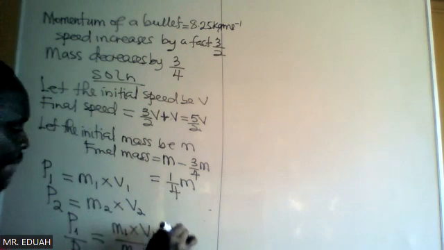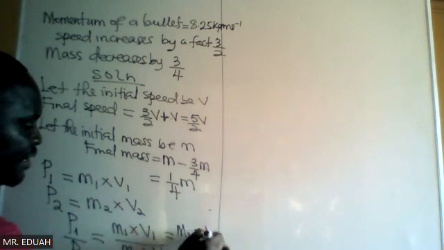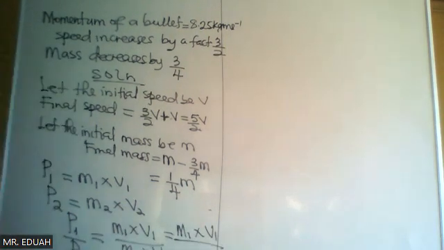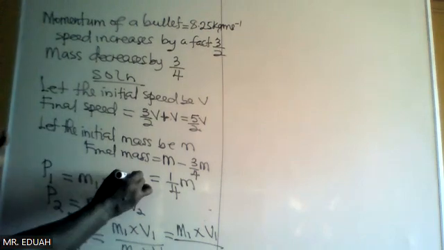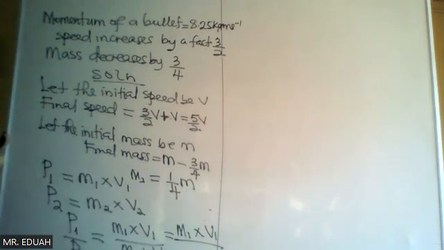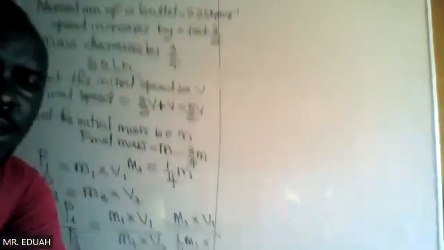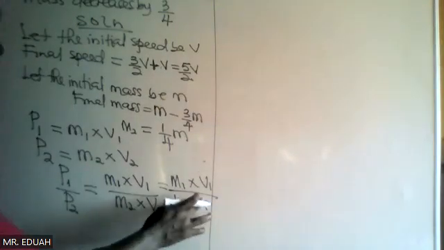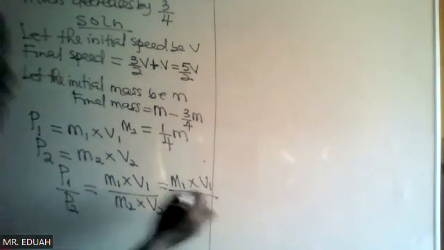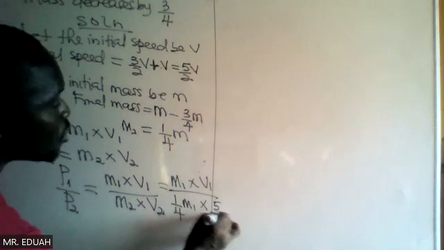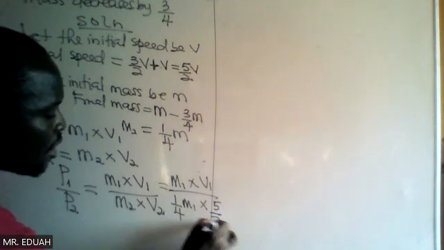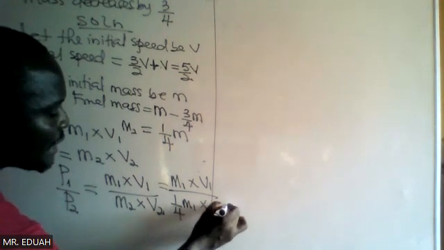So M1 times V1 over, now this is M2, so 1/4 of M1, times V2. V2 is 5/2 of V1.